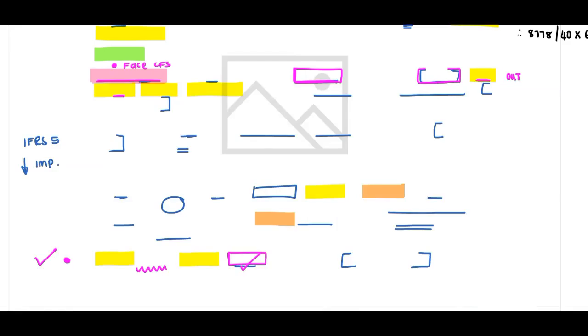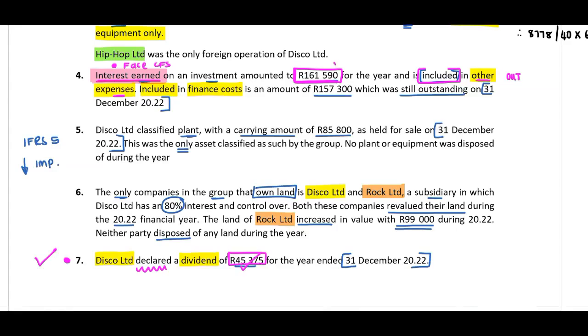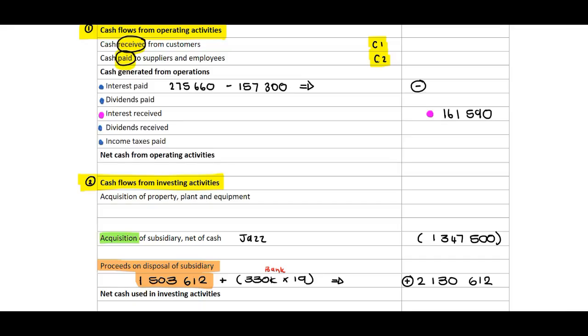Then the next sentence, they indicate to us, included in finance cost is an amount of 157,300, which was still outstanding at year end. Therefore, this is non-cash. We need to take this out, and this should be included in our trade payables. On the face of our cash flow statement, we have our interest paid included in our finance cost. Therefore, this is non-cash.